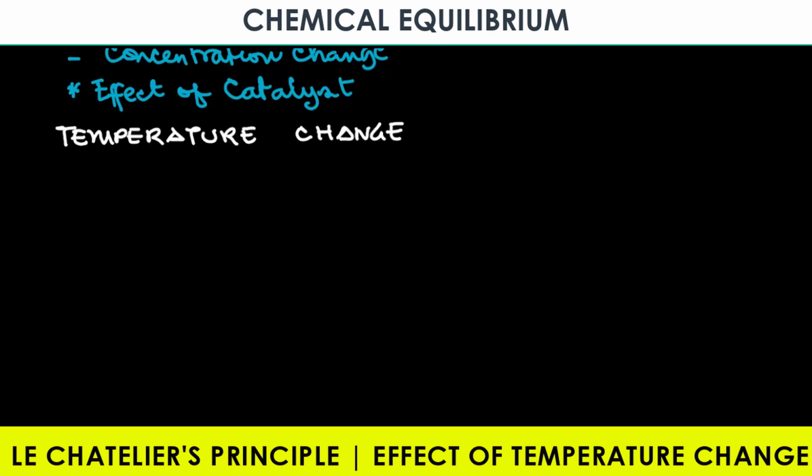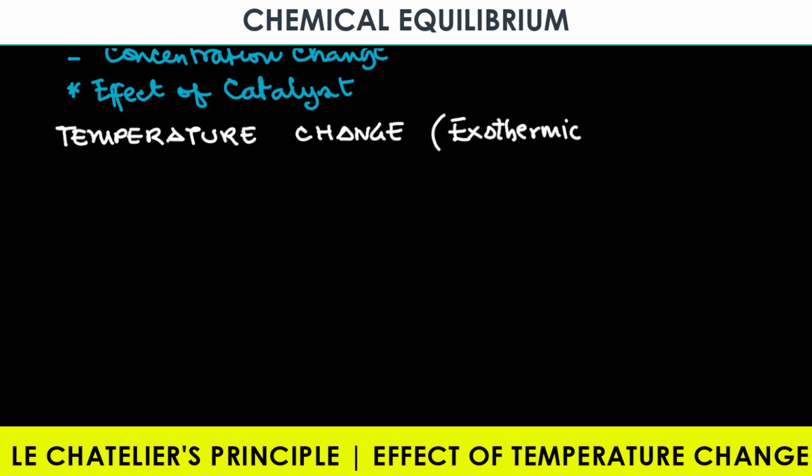In considering the effect of temperature change on the equilibrium position of a reversible reaction, we analyze this based on the energy change of the reaction. That's whether it is endothermic or exothermic. So let's start with an exothermic reaction.